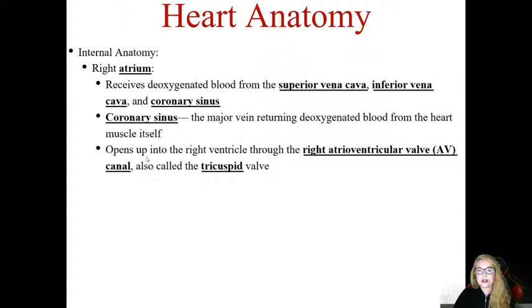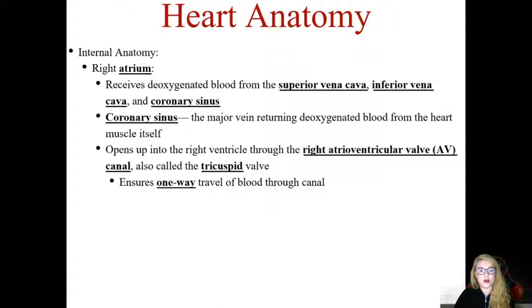And it opens into the right ventricle through what's called the right atrioventricular valve, or the AV canal, sometimes also called the tricuspid valve. So any of these names is appropriate, the right AV valve or canal or the tricuspid valve. And this valve is very important as it ensures one-way travel of blood through the canal. You wouldn't want blood to be backflowing into areas that it shouldn't be.